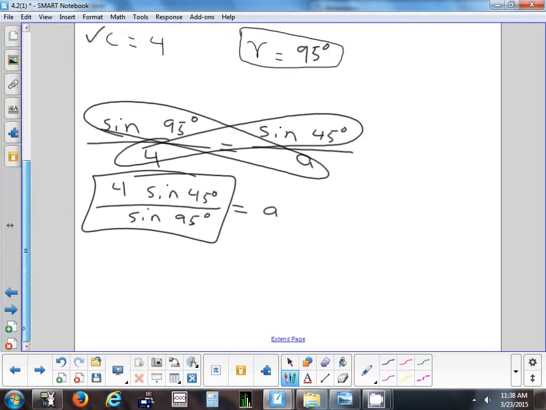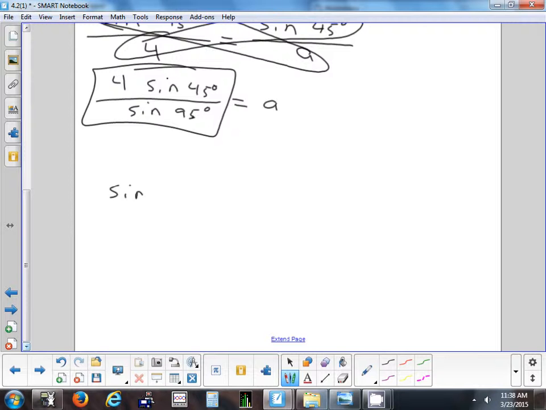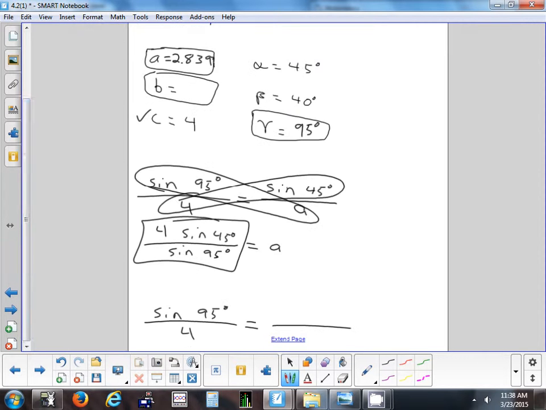Sine 95 divided by 4 equals. And Helene, what am I going to put on the right-hand side so that I can solve for B?